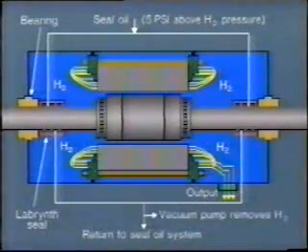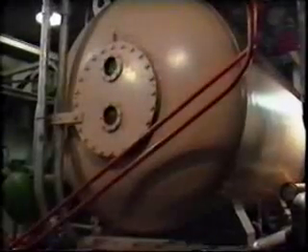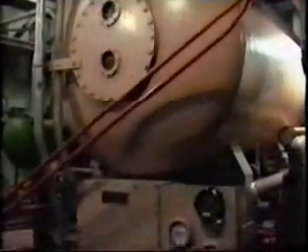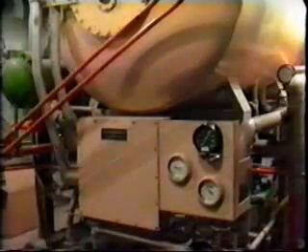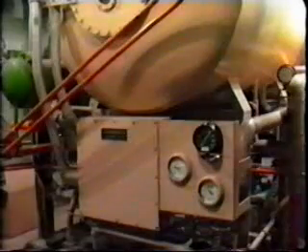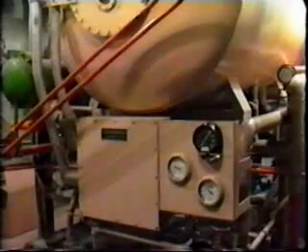Any hydrogen that may have been absorbed by the oil is drawn off by a vacuum pump, which forms part of the seal oil unit. This small amount of hydrogen leakage is then discharged to atmosphere. The seal oil pumping system is a very important part of the generator operation. It must be placed in operation before the generator is charged with hydrogen and then maintained in service at all times.